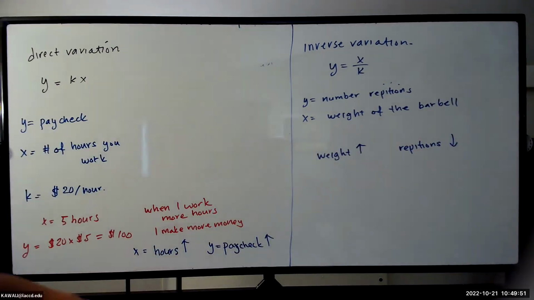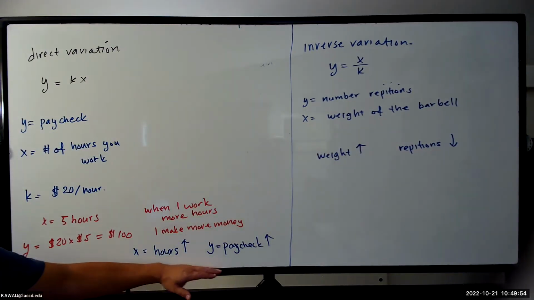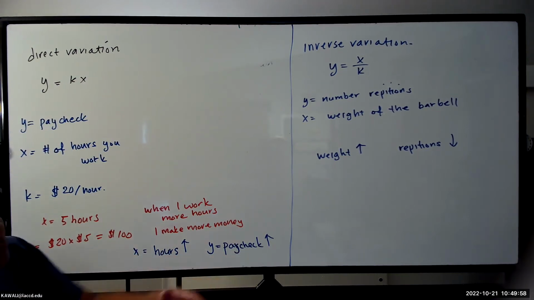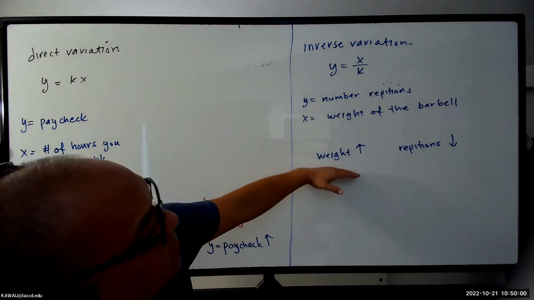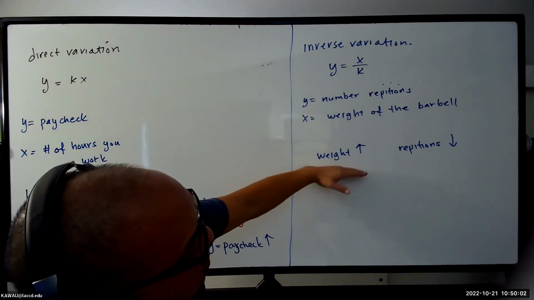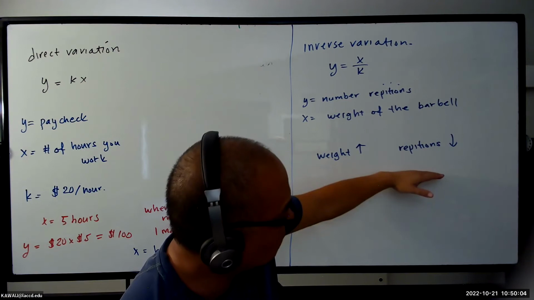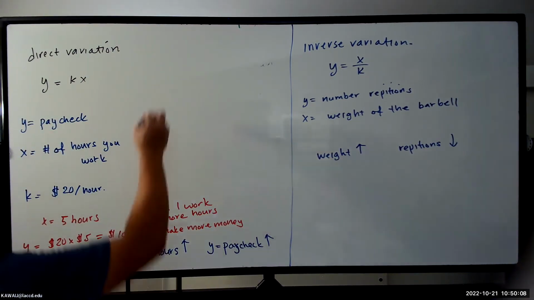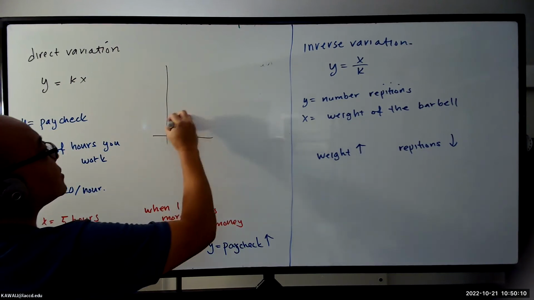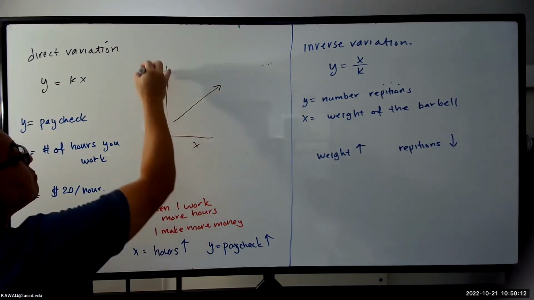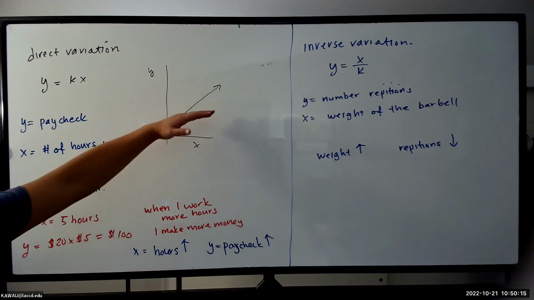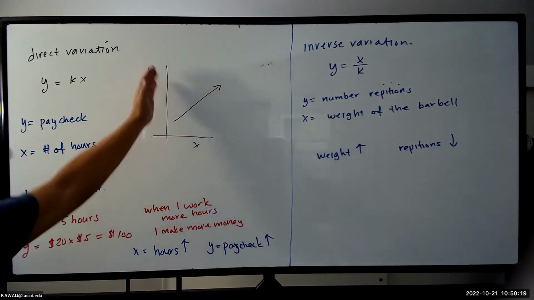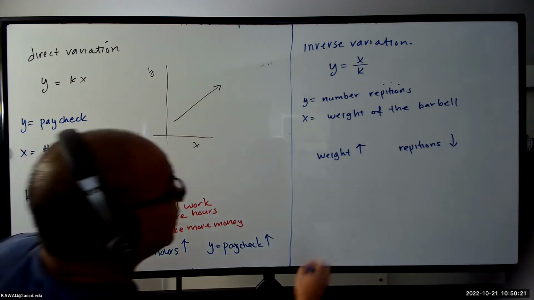So in terms of direct variation, the more you do something, the more the result happens. In terms of inverse variation, the more you do something, the fewer you can do it. So when we look at the graph of direct variation, it looks like this. The more X gets bigger, the bigger Y gets.